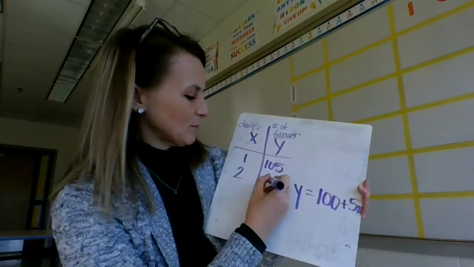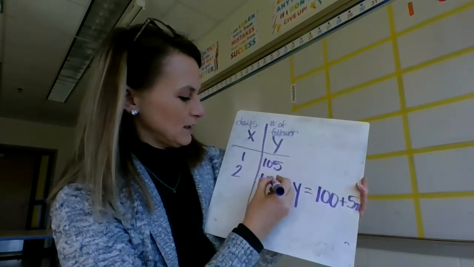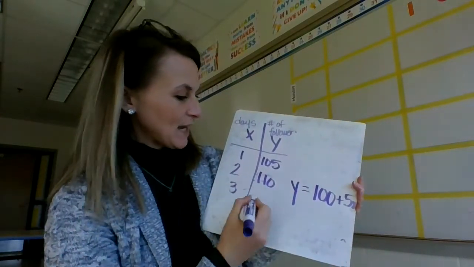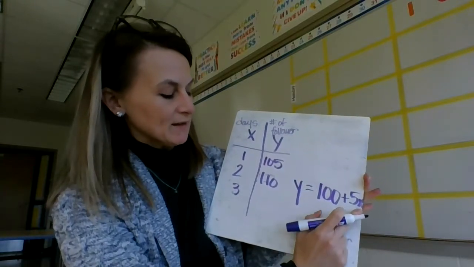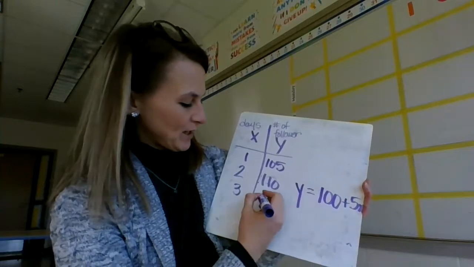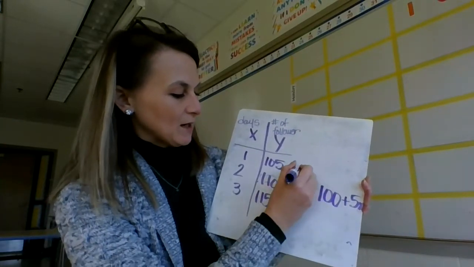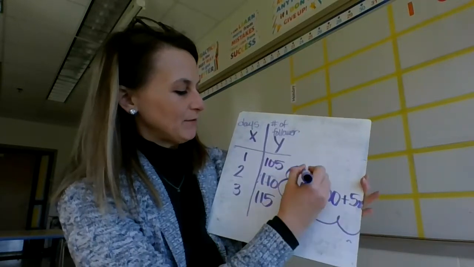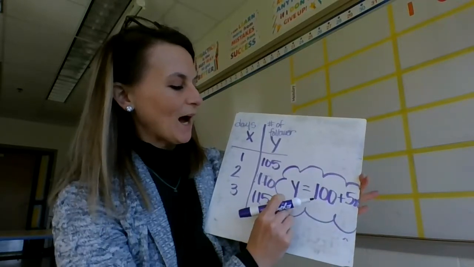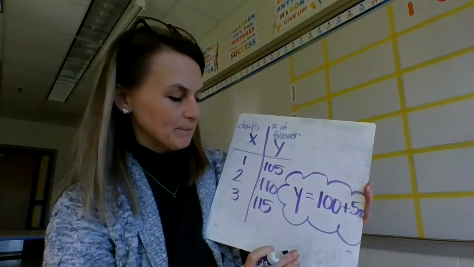So now she's up to 110. Now after 3 days, we'd plug in X, our number of days. 5 times 3 is 15. 15 plus 100 is 115. So my equation here, my how many followers does she have, my Y, equals 100 plus 5x.